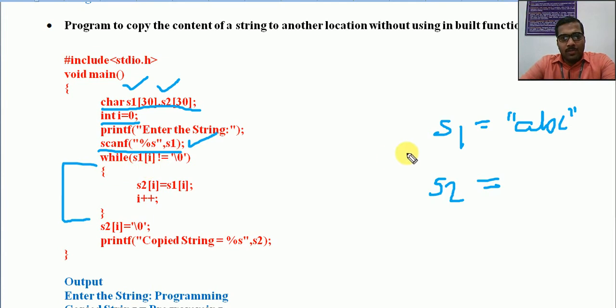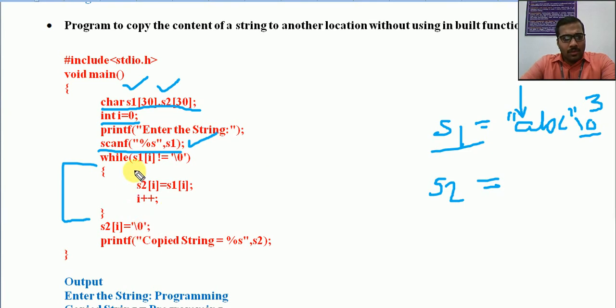While s1 of i, the initial value is 0. So s1 of i, first it will go to the 0th location, and it will check the condition until it reaches \0. Until it reaches \0 means after these three, in the 0, 1, 2, third position, we are having \0.